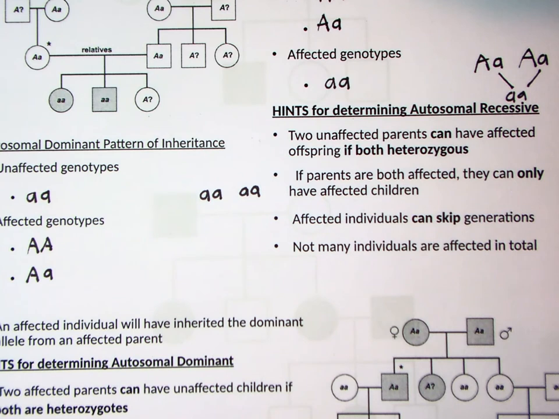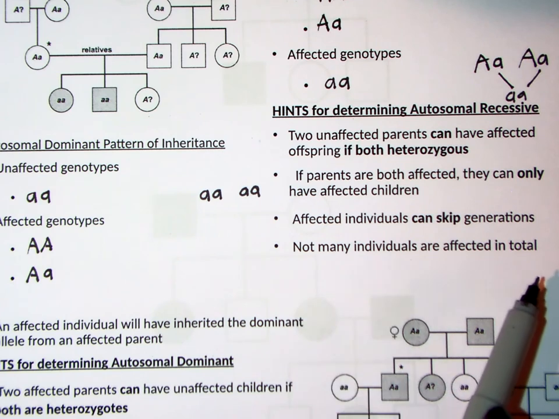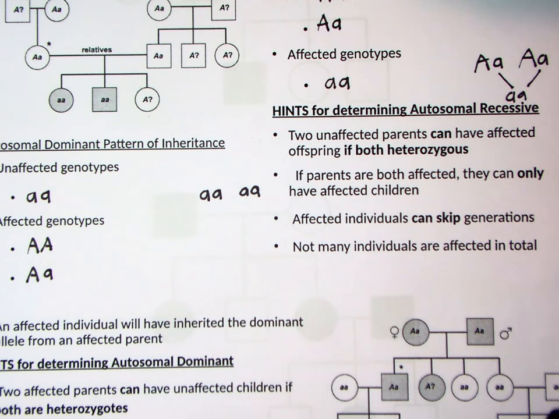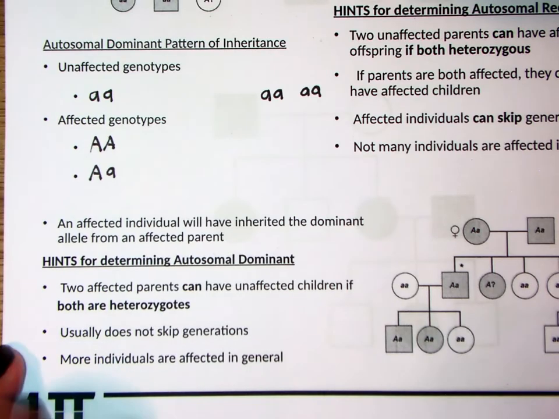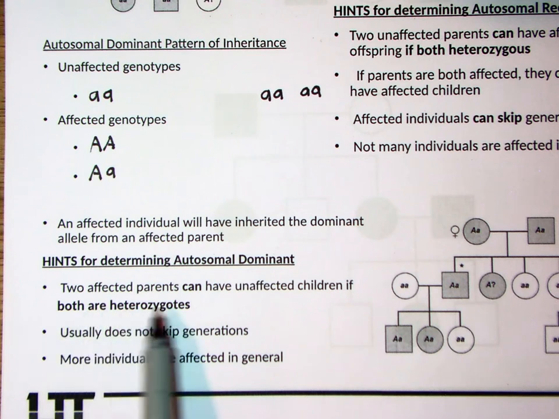With these autosomal recessive disorders, not very many individuals are affected in total. Hints for determining if it's an autosomal dominant disorder: 2 affected parents can have unaffected children if they're both heterozygotes.